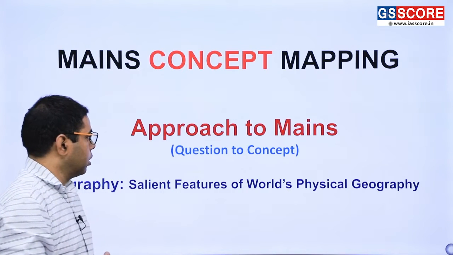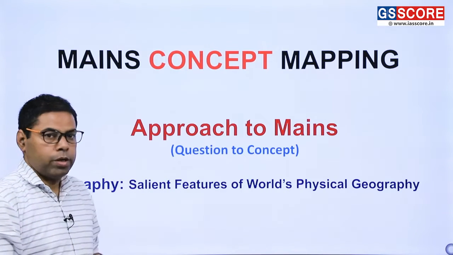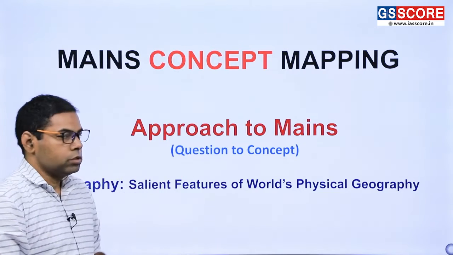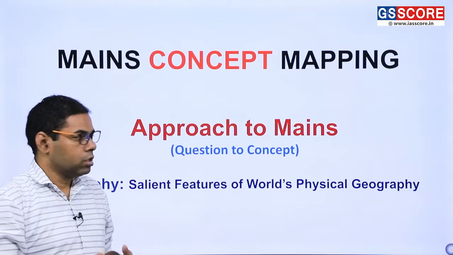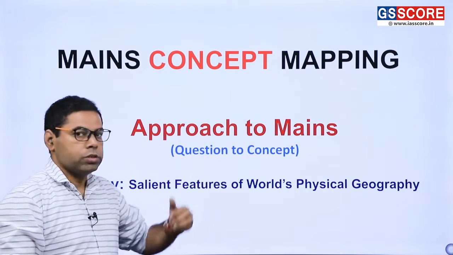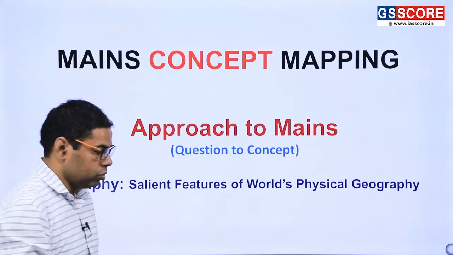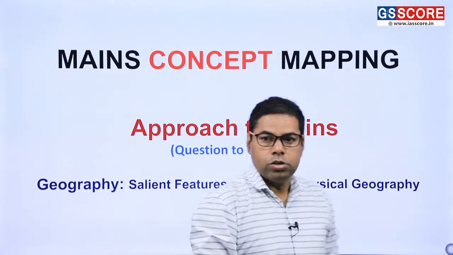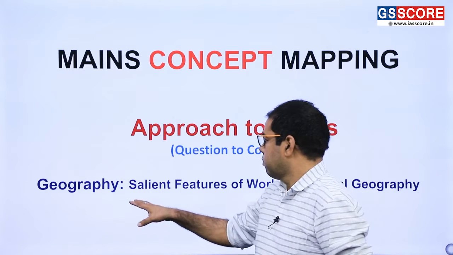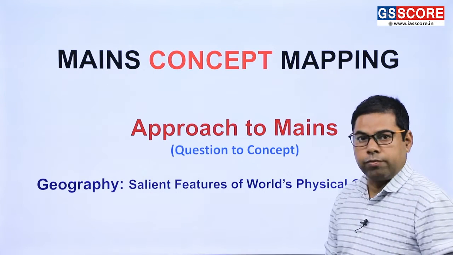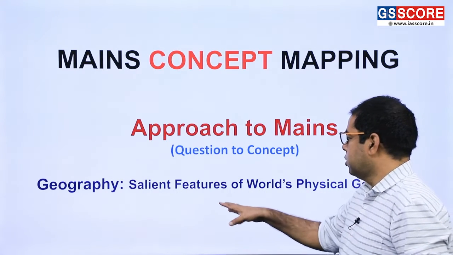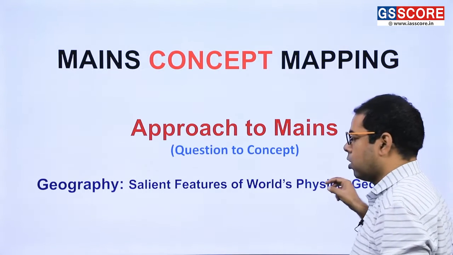So I am here to start the topic, approach to mains. We'll deal with question to concept. As I am going to take the geography section, I'll take the first topic in the mains syllabus, that is salient features of world's physical geography.